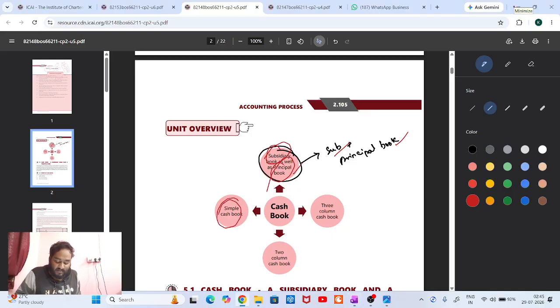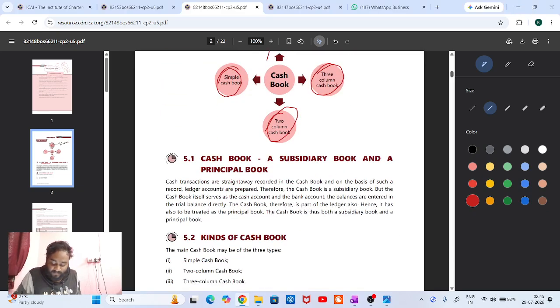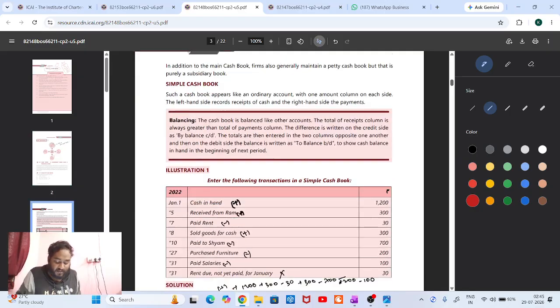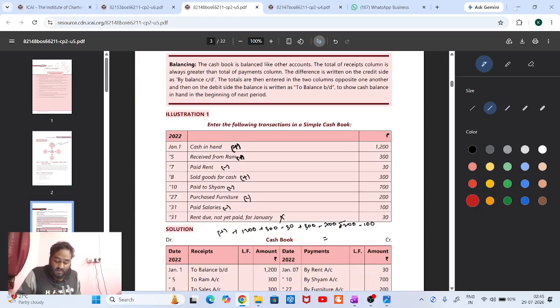There are three types: simple, two column, three column. Simple cash book. This is the illustration one. Just like journal entries, in a simple cash book, we just add receipts and subtract payments.